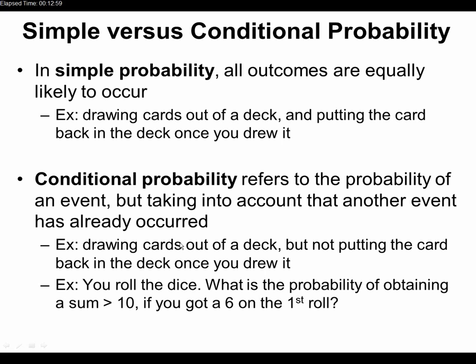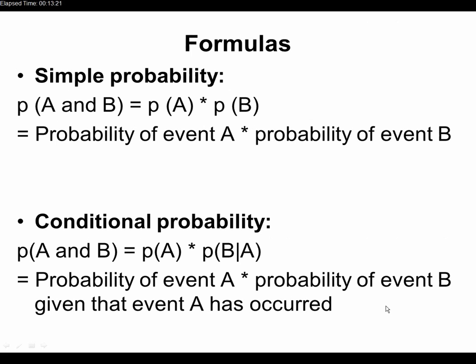Example: we roll the dice. What is the probability of obtaining a sum greater than 10 if you got a 6 on the first roll? Well, then you need to get a 4 or more on the other die. There are only so many numbers that will add up to more than 10. So it's conditional.